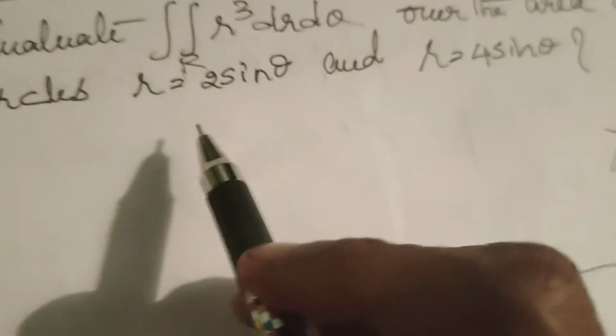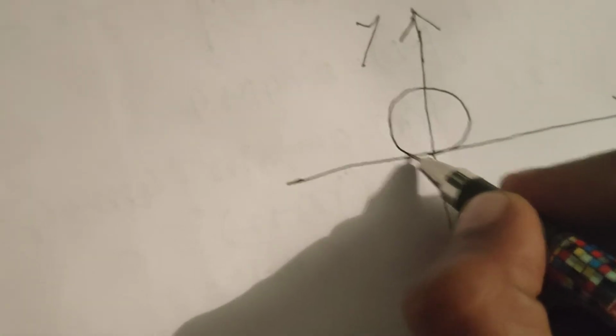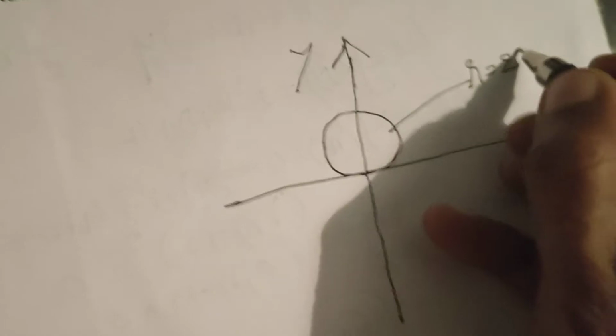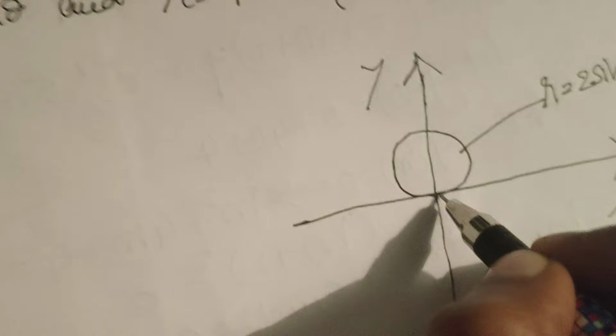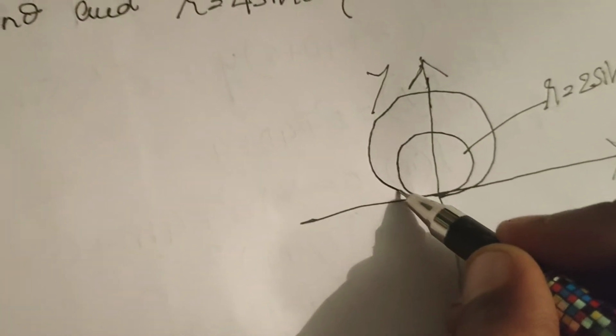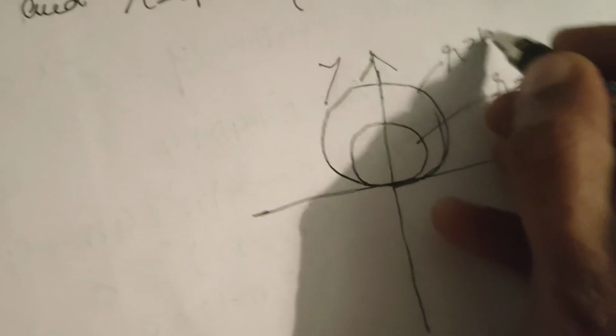This is the y axis and the x axis. r equals 2 sin theta is one circle, and r equals 4 sin theta is the other circle.